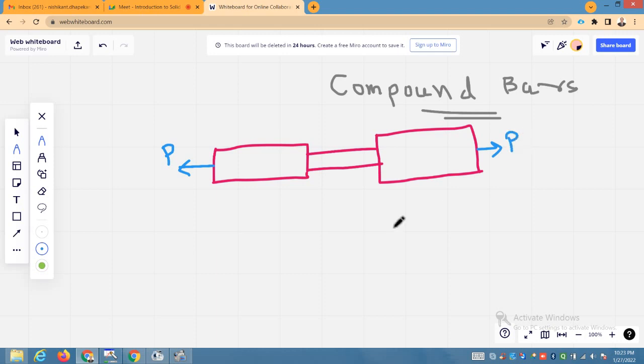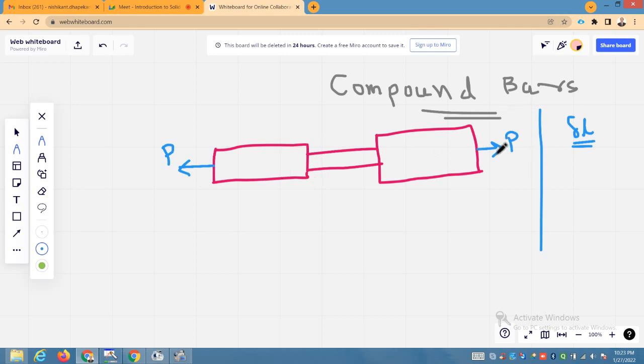Now our main aim is to determine the total change in length, that is delta L, because of this axial tensile pull P. What will happen because of axial tensile pull? Definitely there will be some elongation.